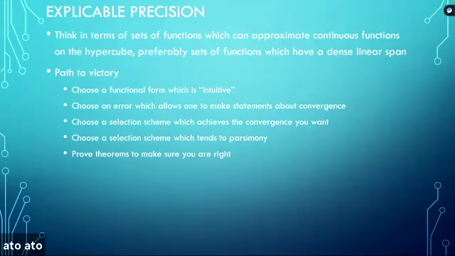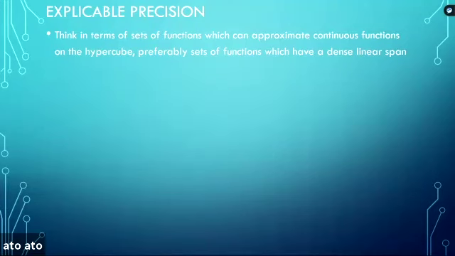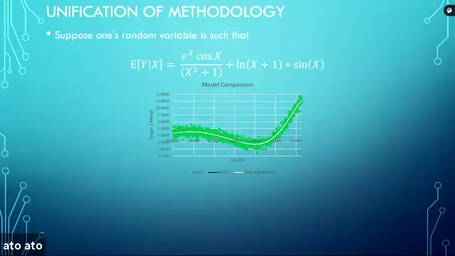And the more sets of functions you have that do that, here's the key, that allows you to select from a greater set of possibilities, and that increases the probability that there will be some set of functions which not only are precise, but explicable. There will be some set of functions that your stakeholder will go, yeah, I understand that.